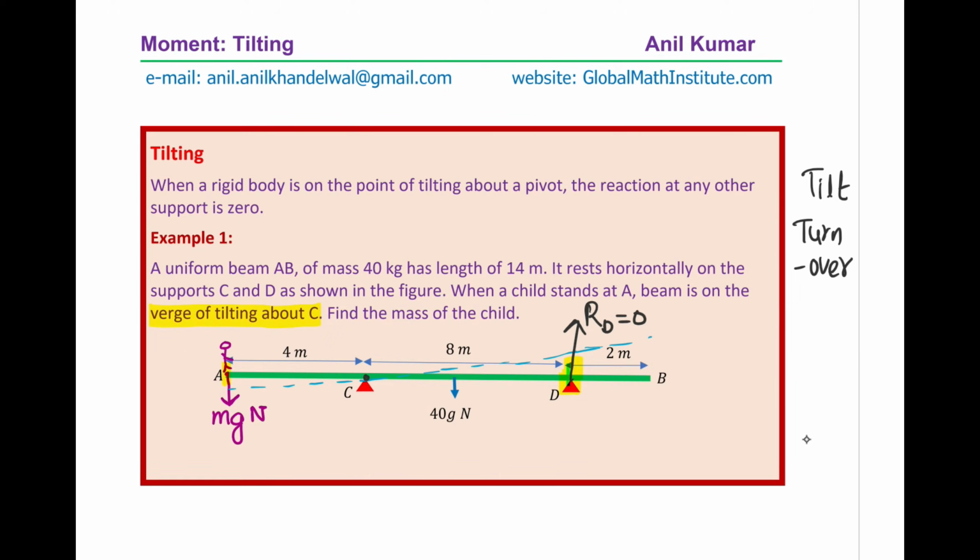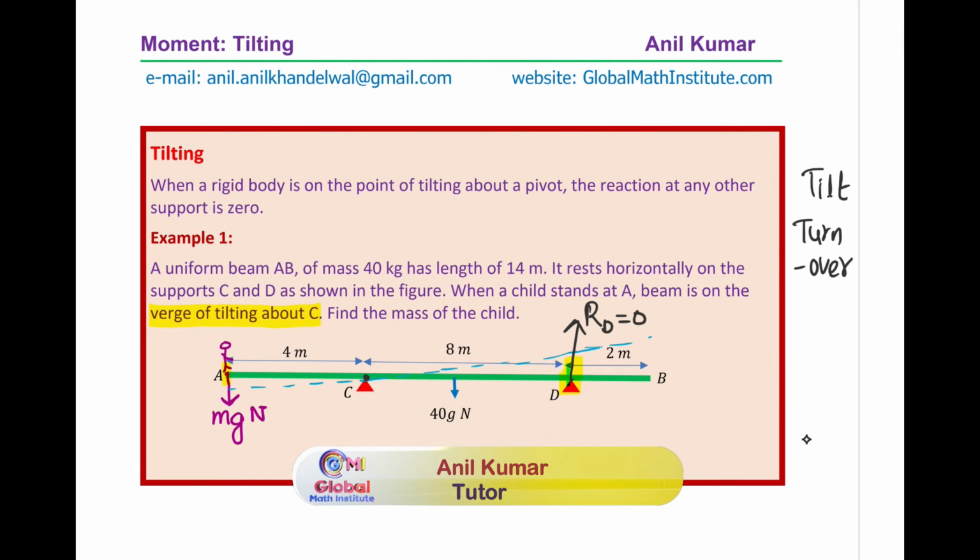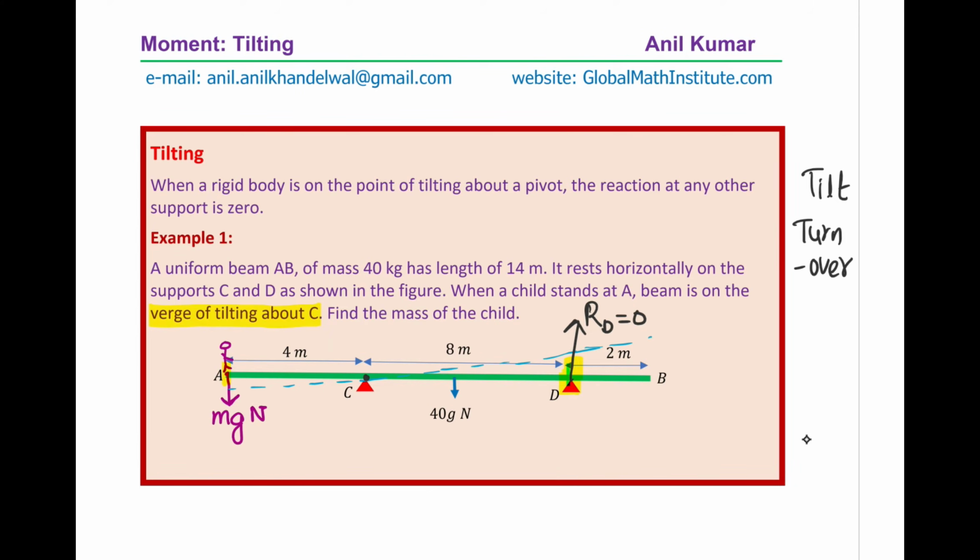Now, there's only one point at which the whole rod is being supported, and at this point, the clockwise and the counterclockwise moments should be equal. You get the idea. The child here will produce a moment in this direction, which is counterclockwise, and the weight of the beam is causing a clockwise moment.